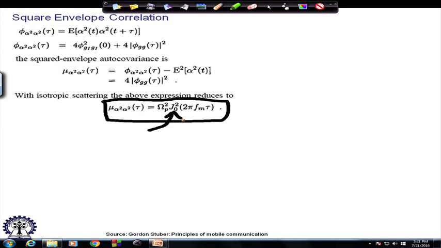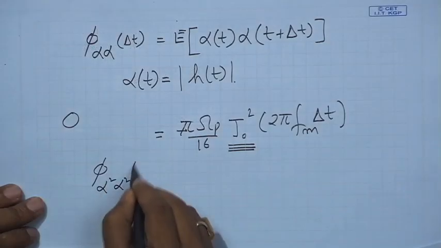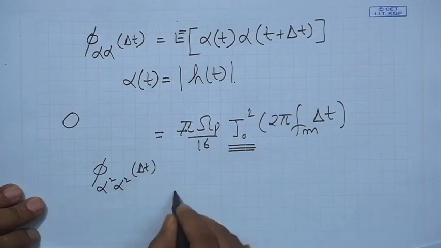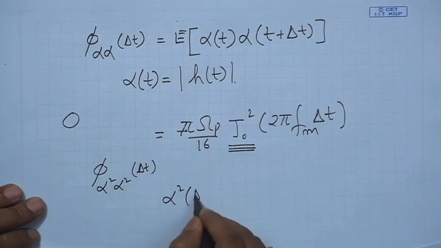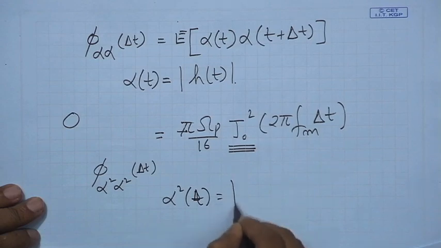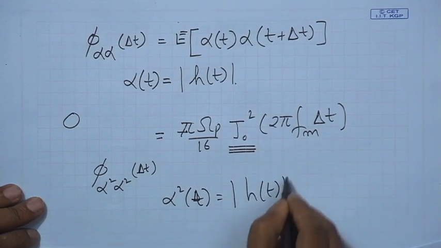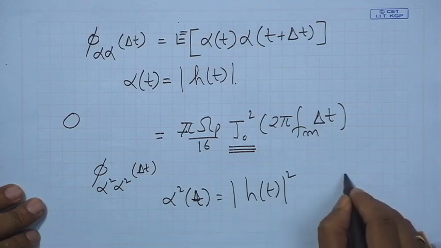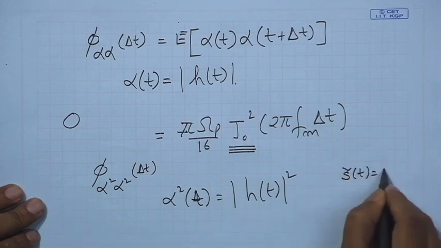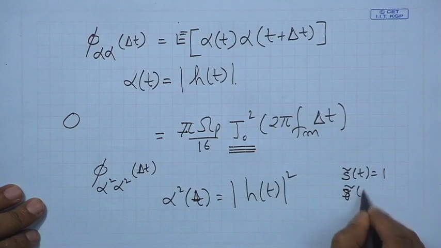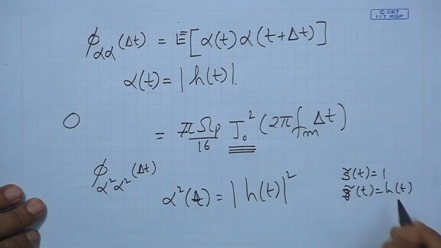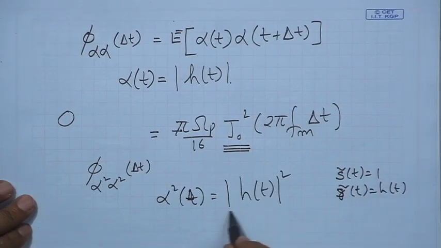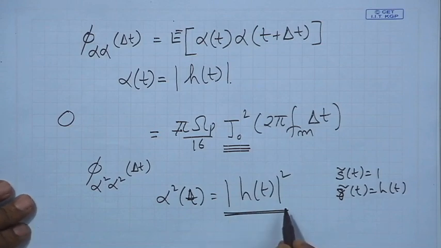Now, the importance of phi of alpha squared delta t, you can clearly guess, because alpha squared of t is equal to mod of h of t squared. Now, for s tilde of t equal to 1, r tilde of t is equal to h of t. So, basically this is giving us the signal strength.